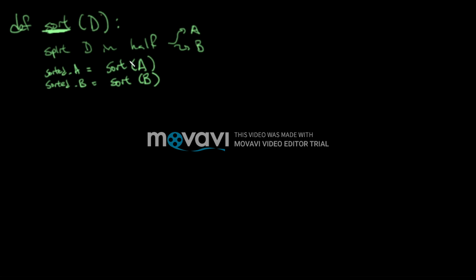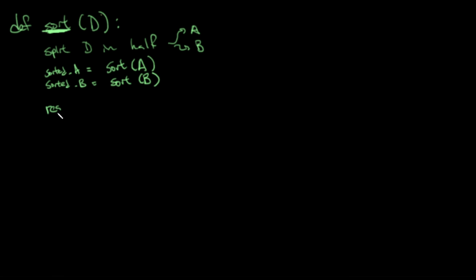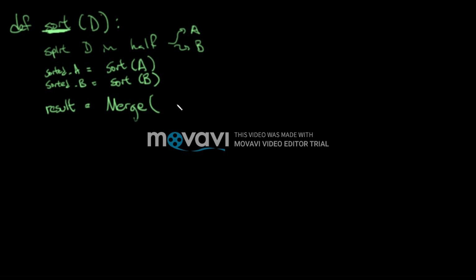Well, now we know exactly what to do with these. We've already been over this. We're going to have this variable result, and we're going to let that equal merge of the two sorted halves.